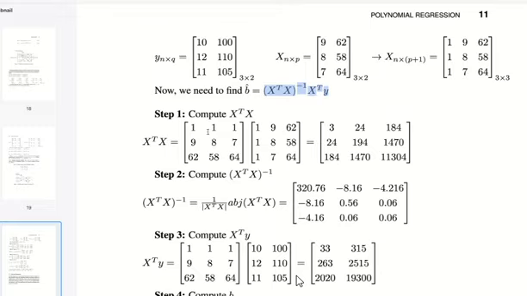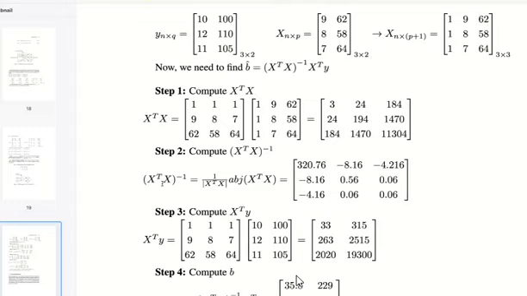We transpose x, so the rows become columns and the columns become rows. Then x transpose times x, which is matrix multiplication. We have this value, and after that we can invert it, so it will be x transpose times x to the power minus 1, or inverse.